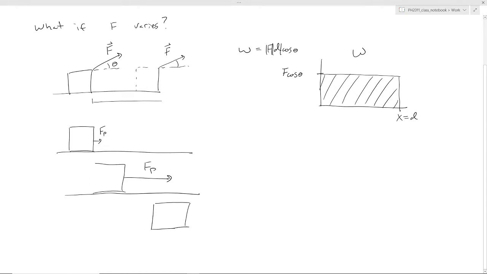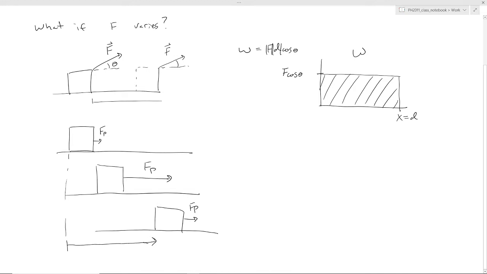Sorry, let me try and draw this nice and evenly. And then maybe later we pull it with a small force again. If we were to look at the total displacement, that would be again this d.